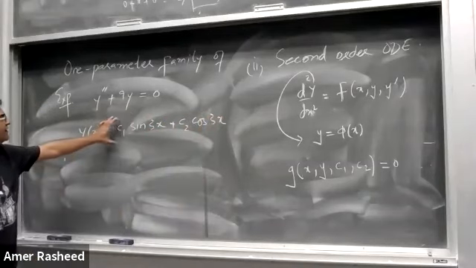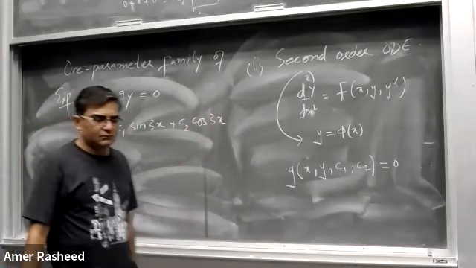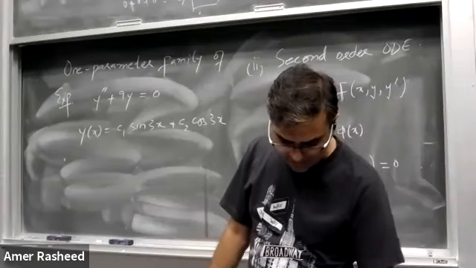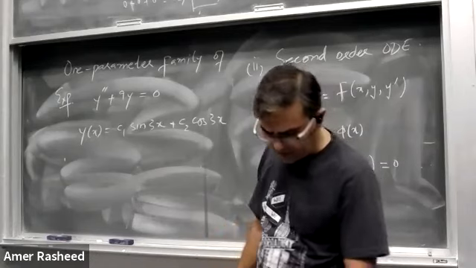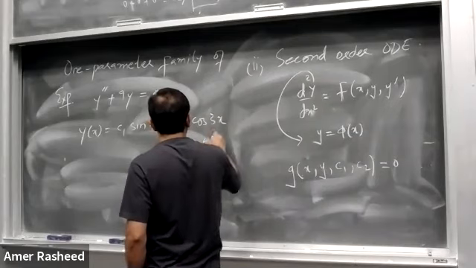You can prove that this is a solution of this differential equation. Let me verify कि मैंने equation और solution ठीक लिखा है. हाँ, ठीक है, where c1 and c2 they belong to R.